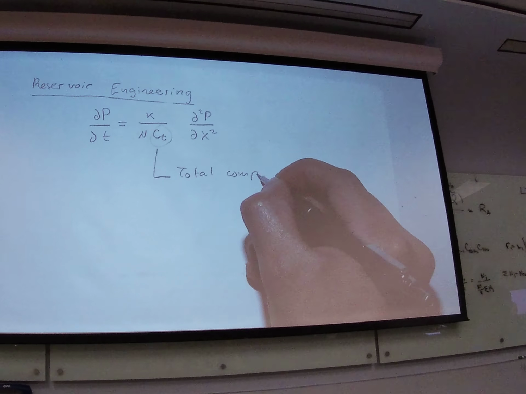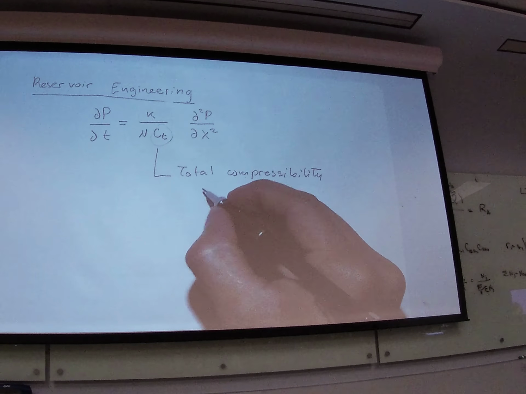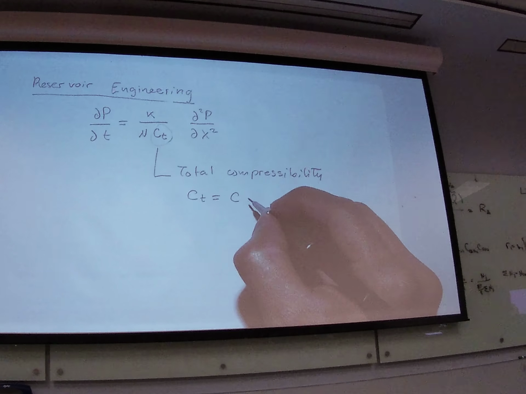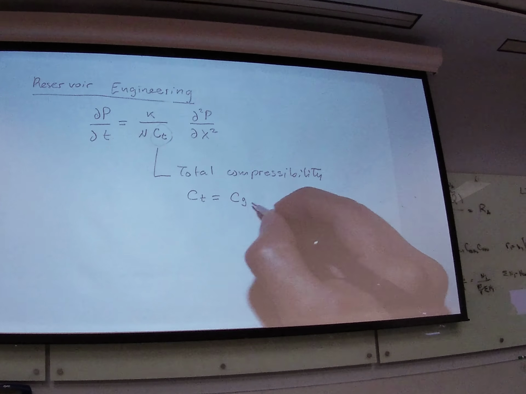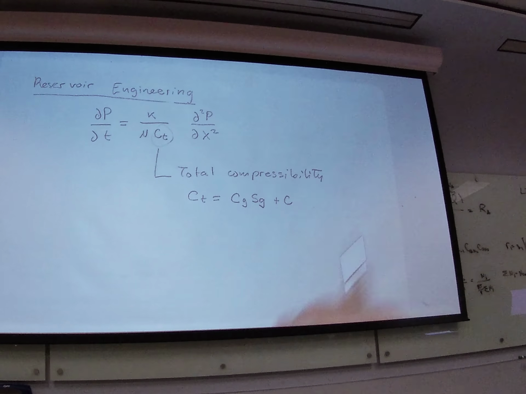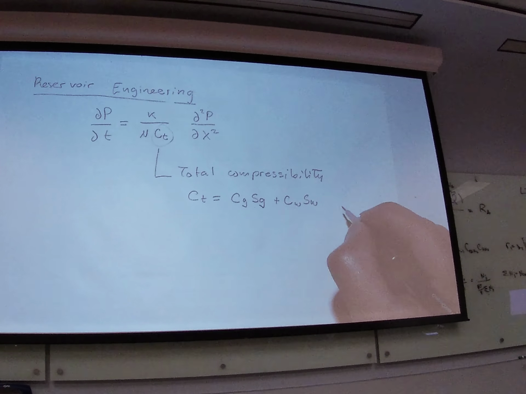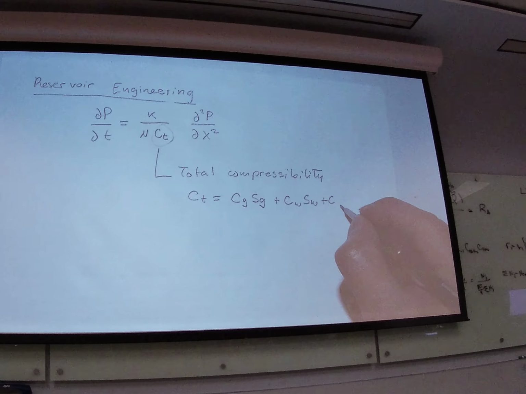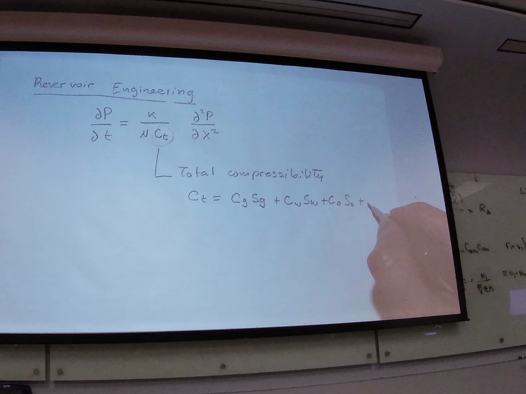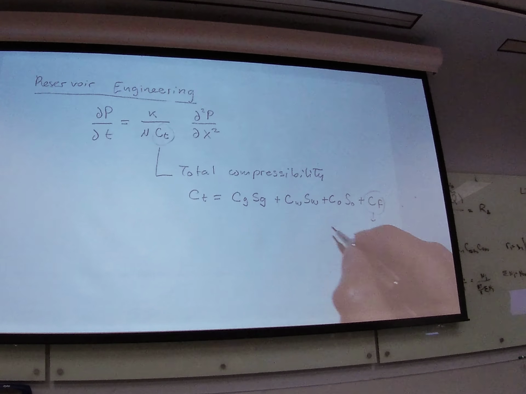This is total compressibility, and the total compressibility is a function of the compressibility of the constituents in the pore volume, like the gas, the compressibility of water, and the S are saturations, and compressibility of oil, plus another term, which is the rock compressibility.